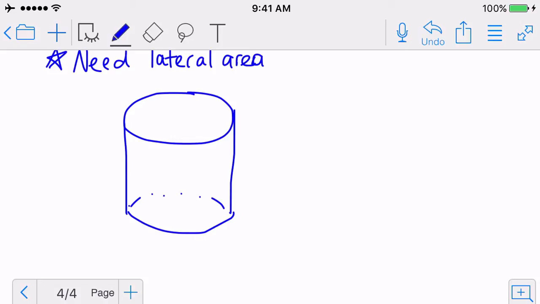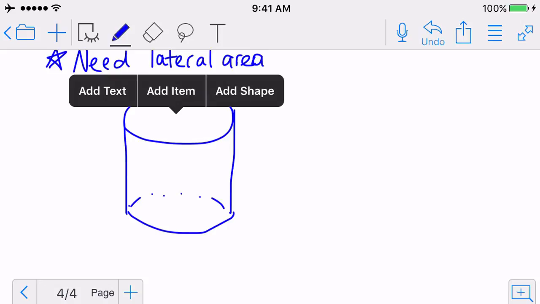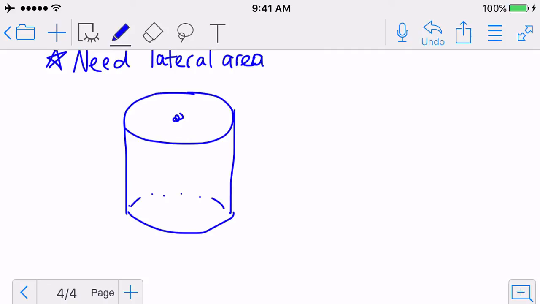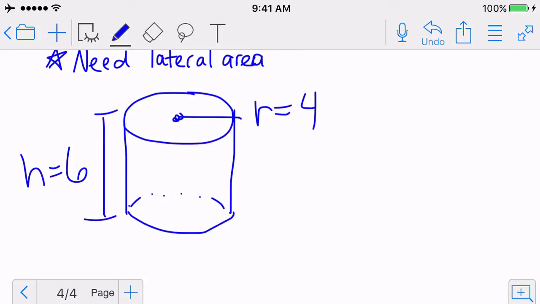And so we need some measurements. So in order to find the area of a circle, remember how we need the radius? So let's give ourselves a radius measurement. Let's say r equals 4. Okay. And then we also need a height. So let's say our height is 6. Okay. So area of the bases.